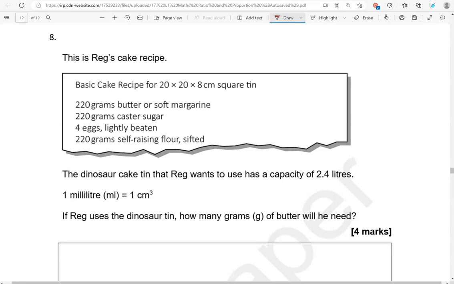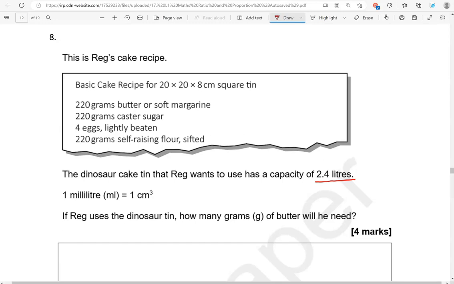The dinosaur cake tin that Reg wants to use has a capacity of 2.4 litres. 1 millilitre is equal to 1 cubic centimetre. If Reg uses the dinosaur tin, how many grams of butter will he need? Okay, so the dinosaur cake tin has a capacity of 2.4 litres. So if he uses that tin, how many grams of butter will he need?